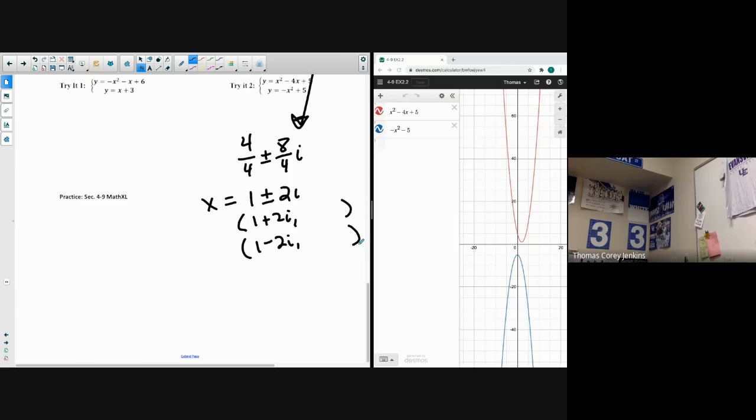So let's go ahead and sub into the easier quadratic and see if we can produce a y value. Let's sub in 1 plus 2i right there.